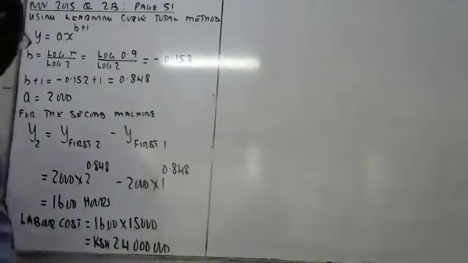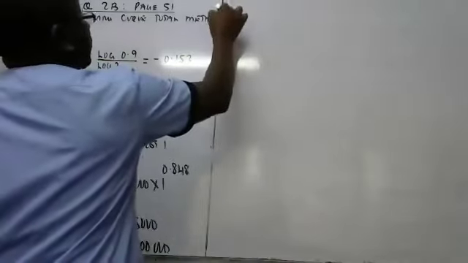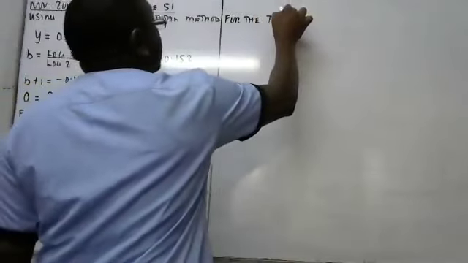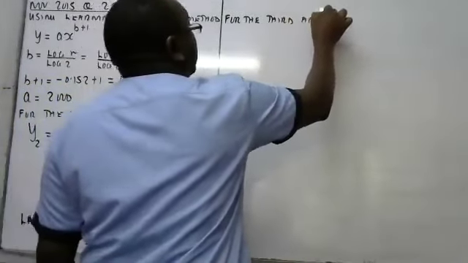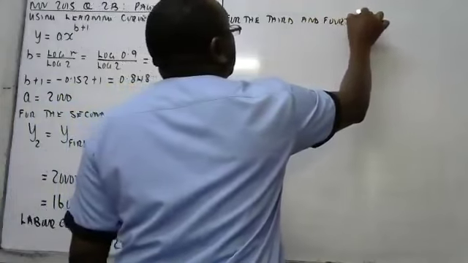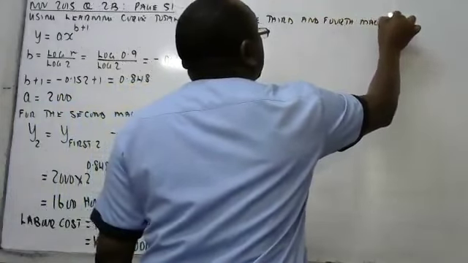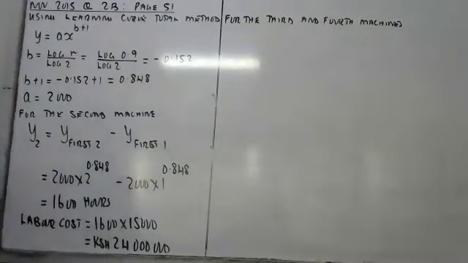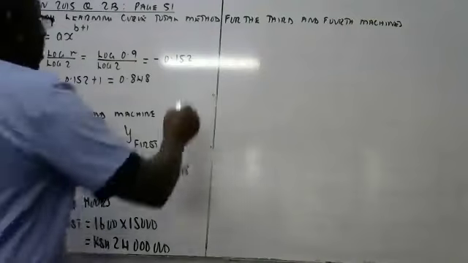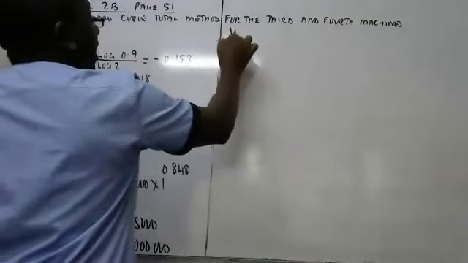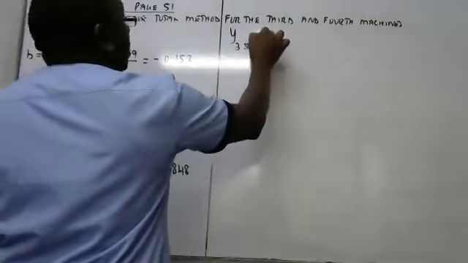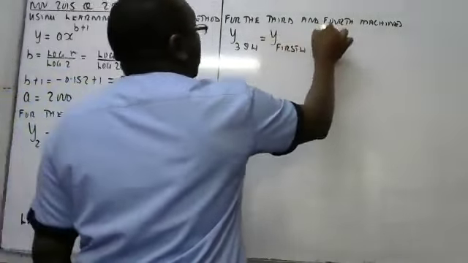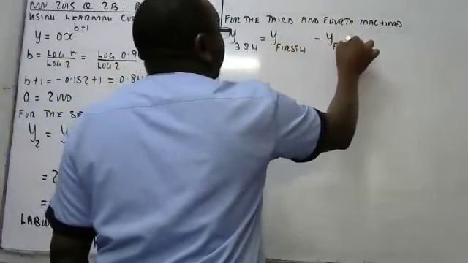Okay, so for the third and fourth machines. Now, y for third and fourth will be y for the first 4 minus y for the first 2.